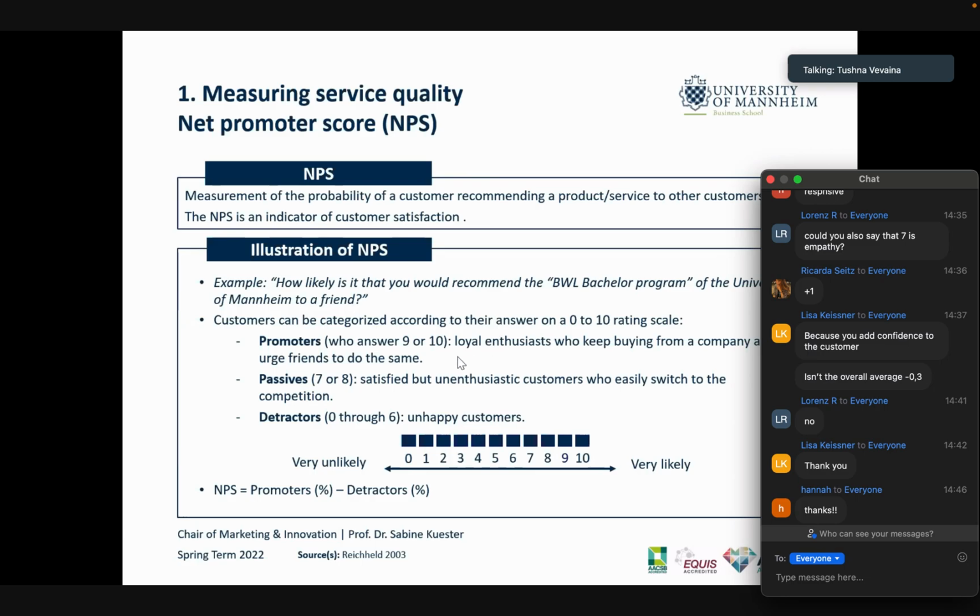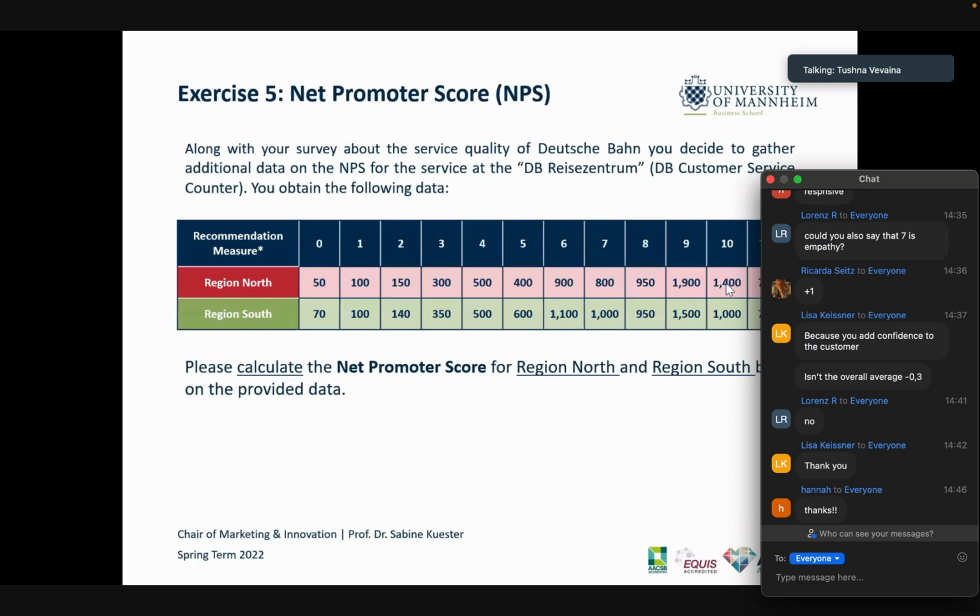And we'll see in the example over here, you have region North, region South, and the number of customers that gave a rating of 0 to 10. You're asked to calculate the NPS for region North and region South.